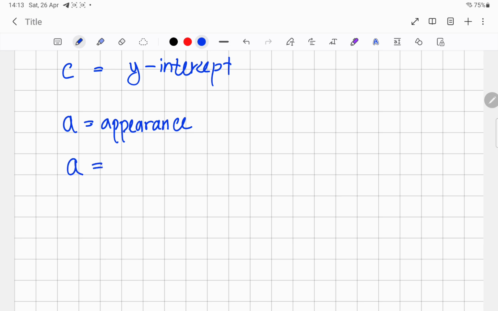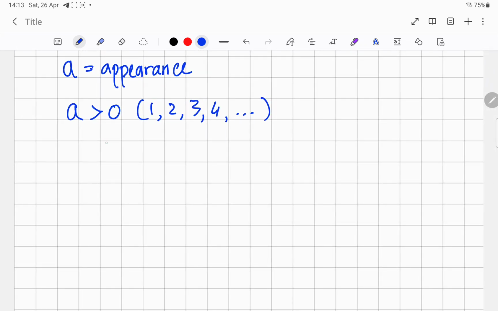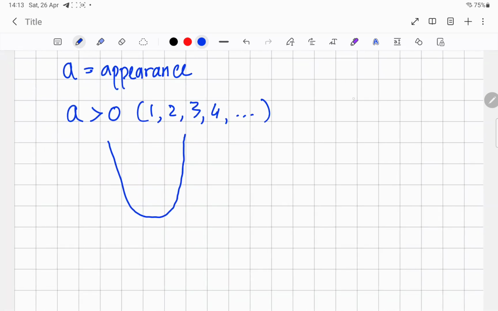If a is a positive number, such as 1, 2, 3, 4 and so on, then your graph will appear as a smiley face. But if a is a negative number smaller than 0, such as negative 1, negative 2, negative 3 and so on, your graph will be a sad face.